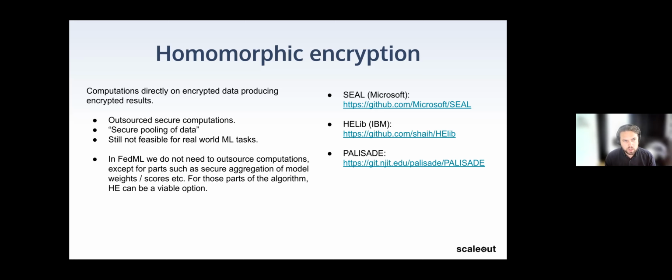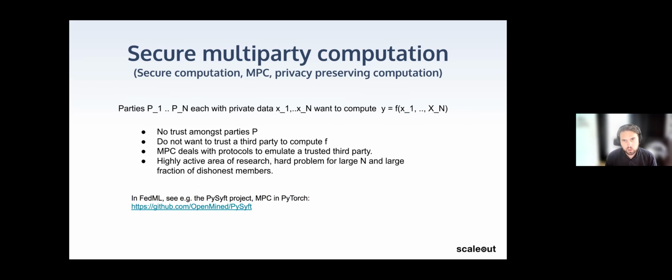And what you do here is essentially compute directly on encrypted data, so you never need to decrypt the data. For example, to do an aggregation between two vectors, you can do that in encrypted space. So one encrypted and one encrypted, the result is encrypted. So this is, of course, a way to compute without disclosing the data as well. But there are currently challenges and limitations for large scale systems, though this is one thing that people are looking at.